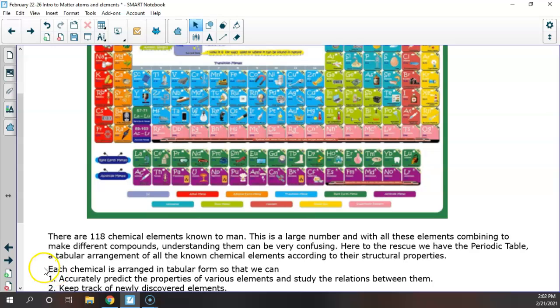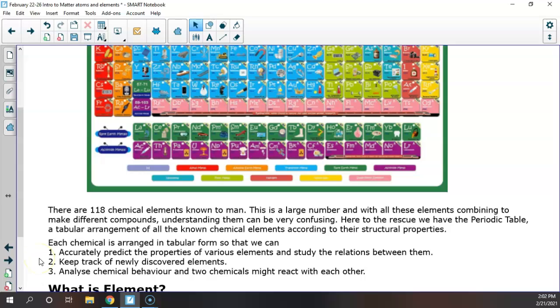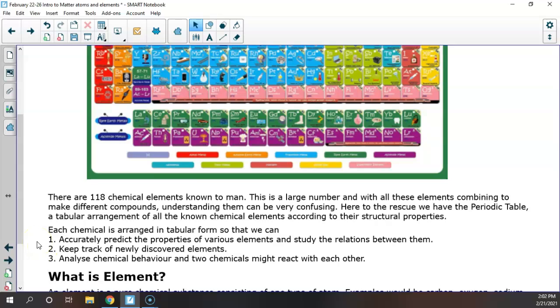Each chemical is arranged in tabular form so that we can 1. Accurately predict the properties of various elements and study the relations between them. 2. Keep track of newly discovered elements. 3. Analyze chemical behavior and how 2 chemicals might react with each other.